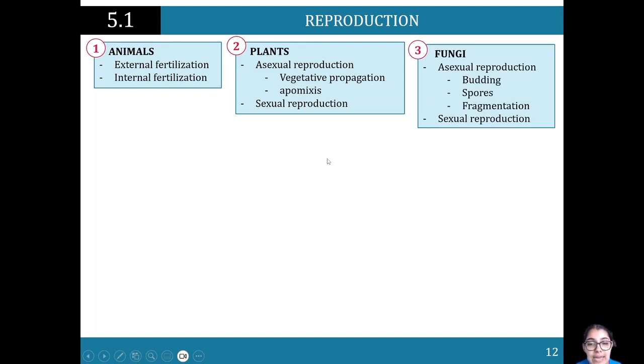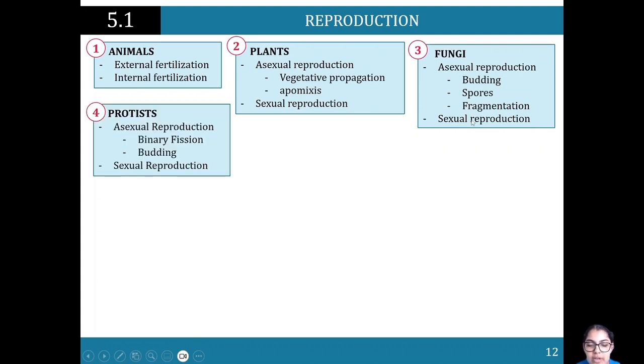You would have looked at fungi, and within that talked specifically about the processes of budding, spores, and fragmentation in asexual reproduction, and also sexual reproduction. Protists, so be able to talk about the processes of binary fission and budding as forms of asexual reproduction, and also the method for sexual reproduction.